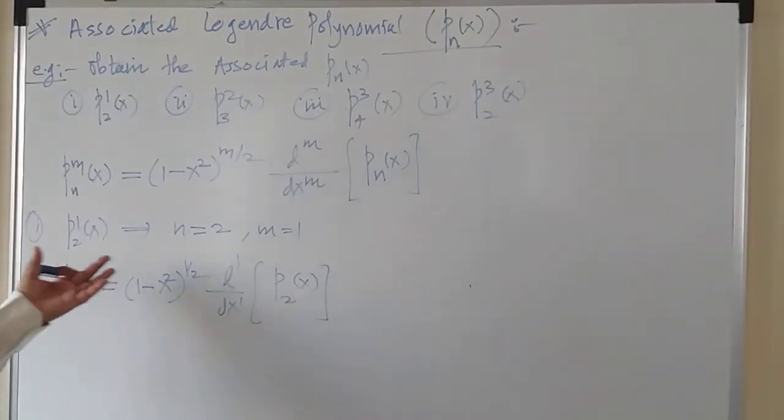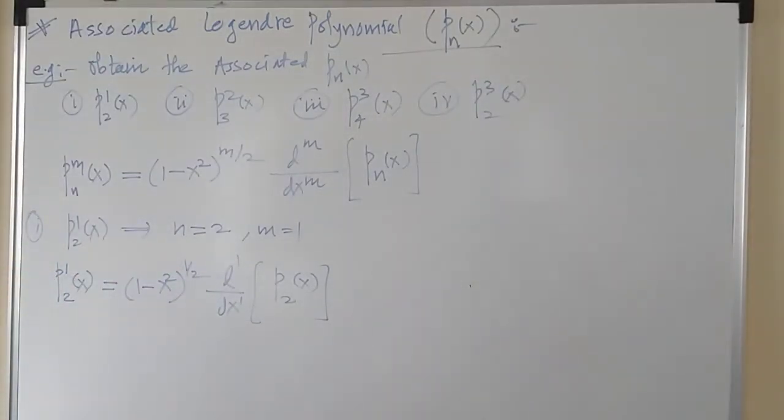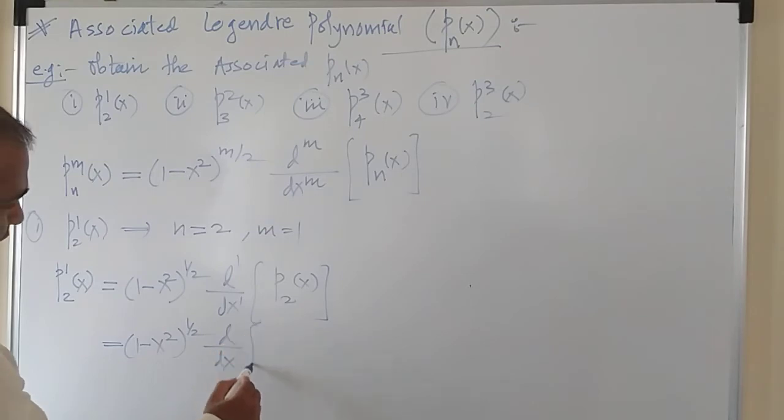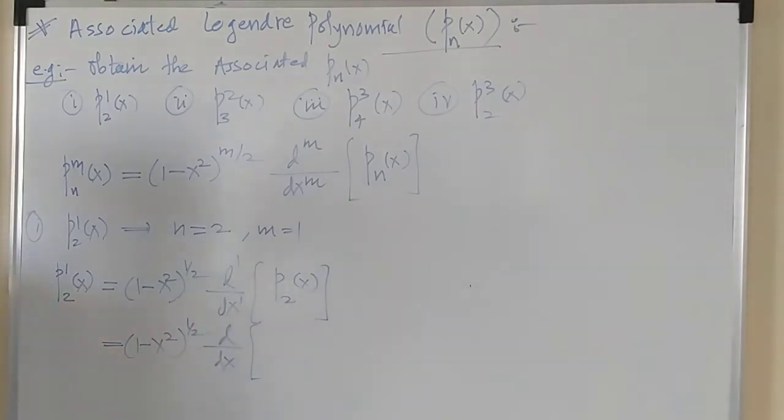So hope you have understood how to transform this equation, and this will be easier now. So this becomes equal to 1 minus x square raised to power half and the first derivative d/dx of P2 of x. Now what is P2 of x?